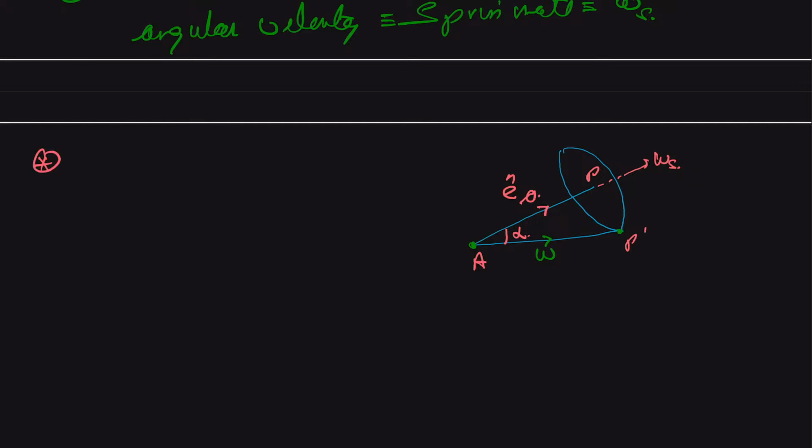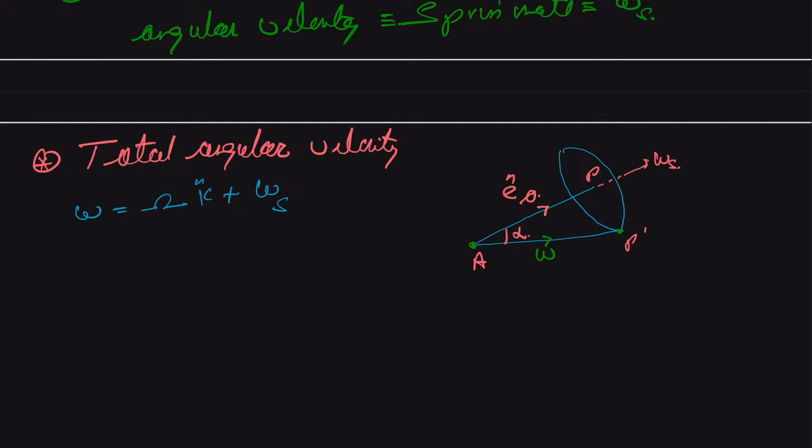Therefore we can say that total angular velocity, that is our omega, will be equal to capital Omega K prime, K unit vector, and omega S, and its direction we have denoted as E unit vector. Okay.